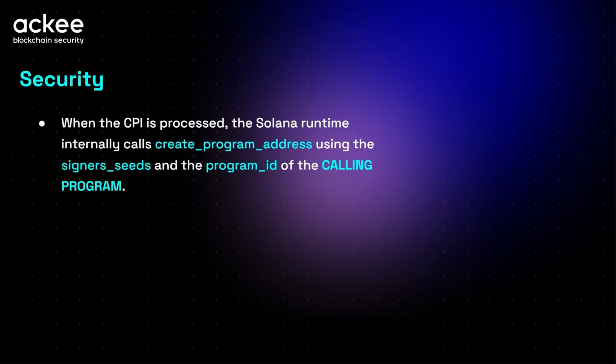So in the end, the seeds, bump, and the program ID provided in the invoke signed will result in a different address. That means the address on input and this one will not match. So the second program does not have privileges to perform the invoke sign on behalf of the PDA.